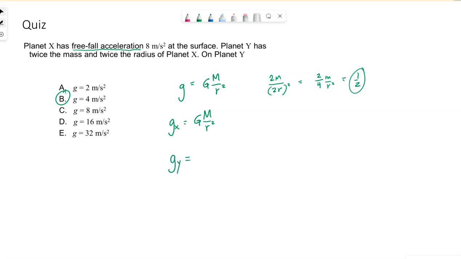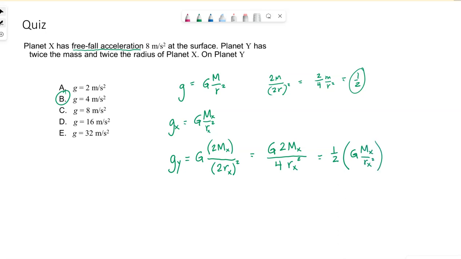For g of planet Y, I would put in twice the mass of planet X, so I'll put my x's up here for g of planet X, and then twice the radius of planet X. So we get 1/2 times the big G mass of planet X over radius of planet X squared.